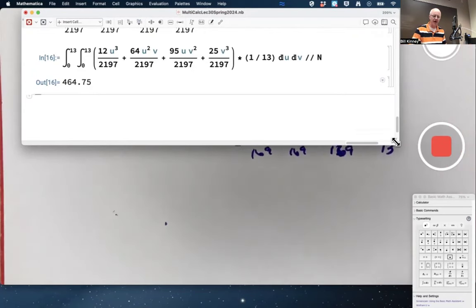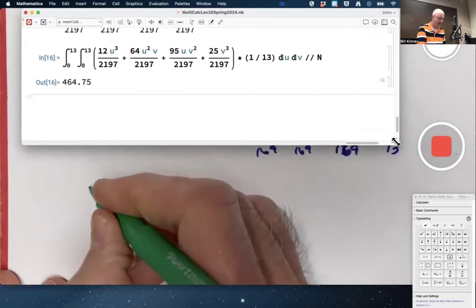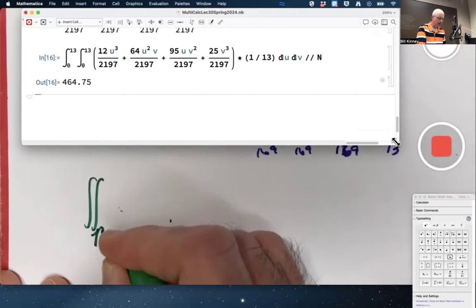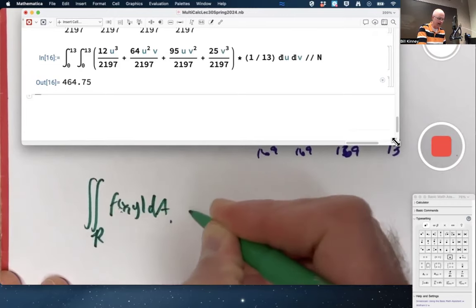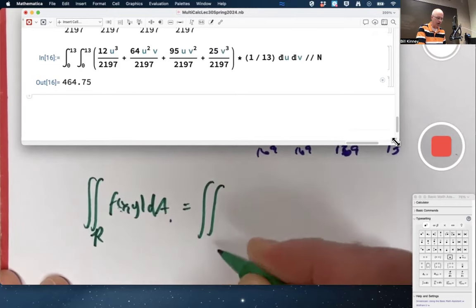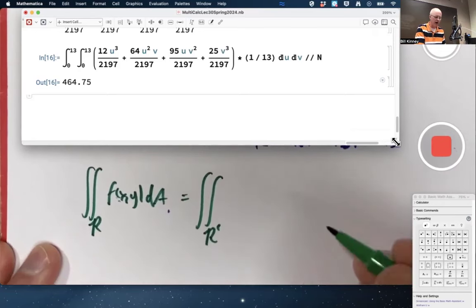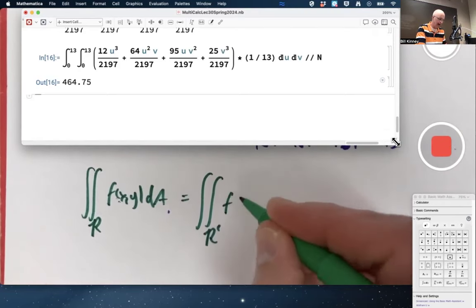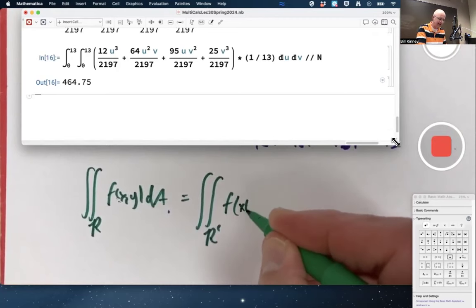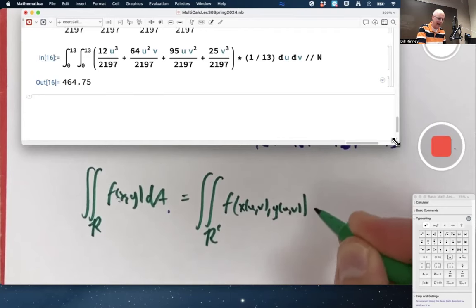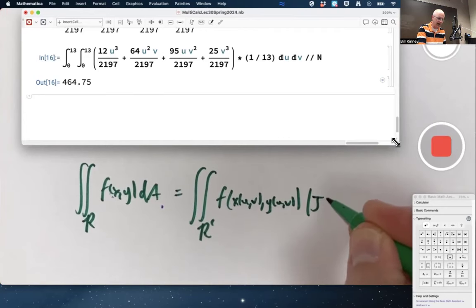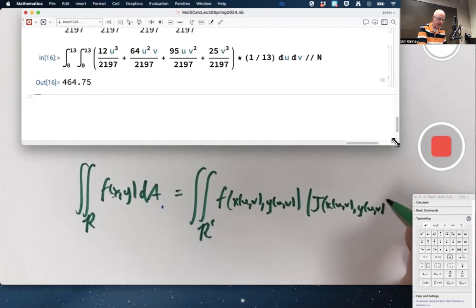The general formula that we are using here is the double integral over a two-dimensional region of a function f of x, y, dA is the double integral over some other region, call it R prime, of f of x of u, v, comma, y of u, v times the absolute value of J of x of u, v, comma, y of u, v dA.